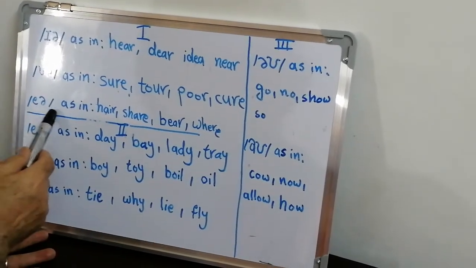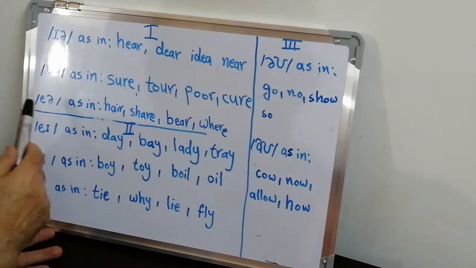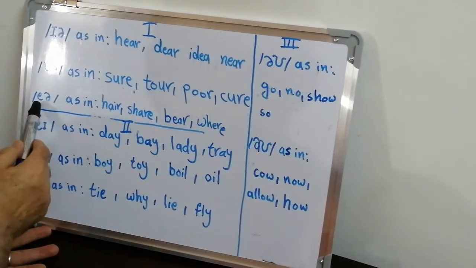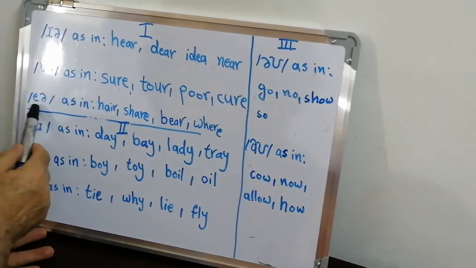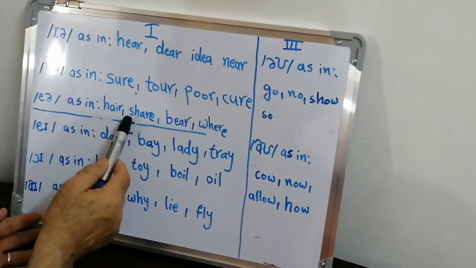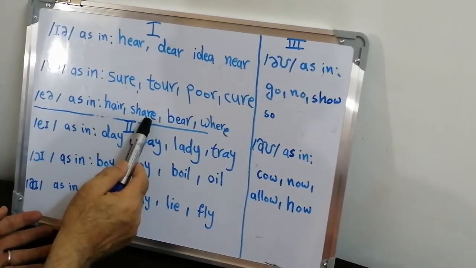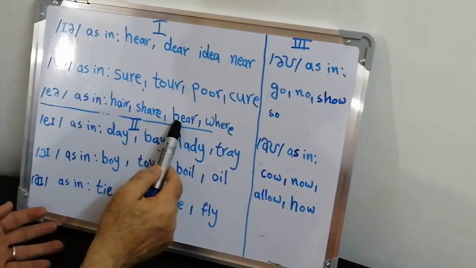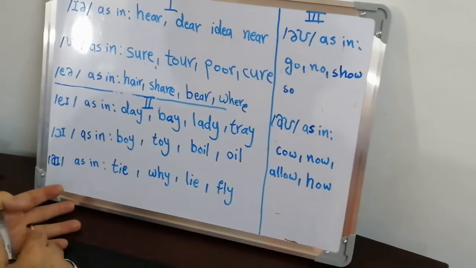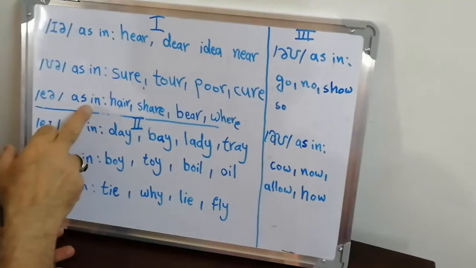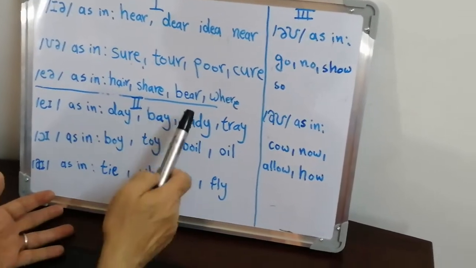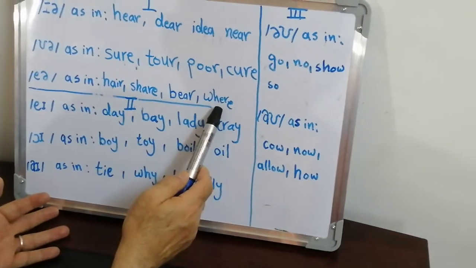The last vowel sound, which ends in the schwa, is pronounced as in her, sir, bird, were. Again, I repeat myself. This is as in her, as in sir, as in were.